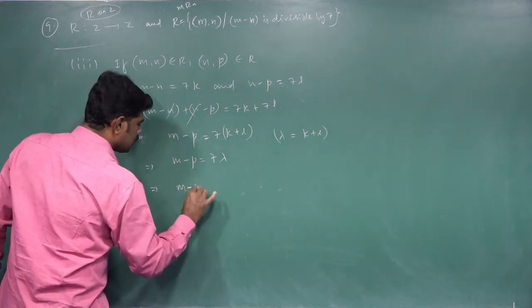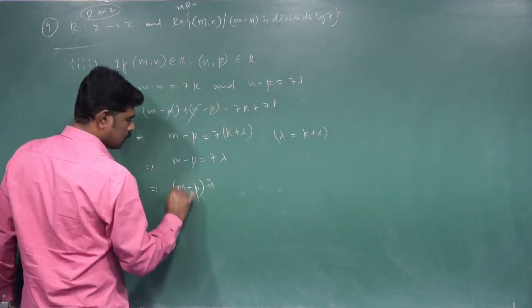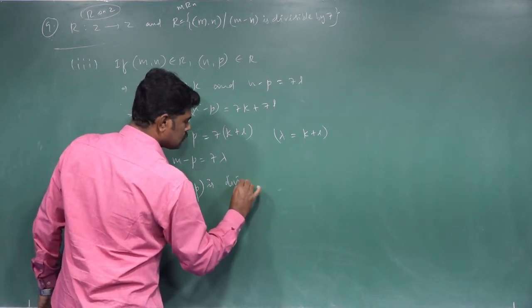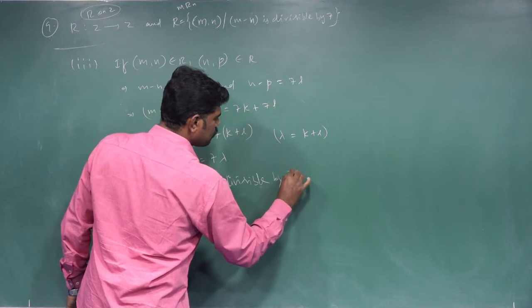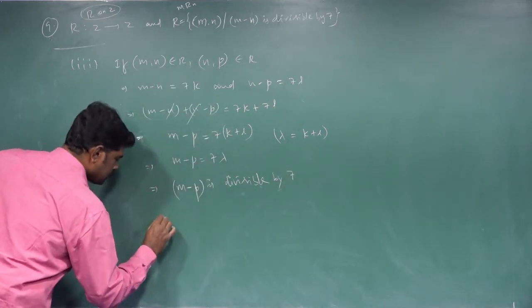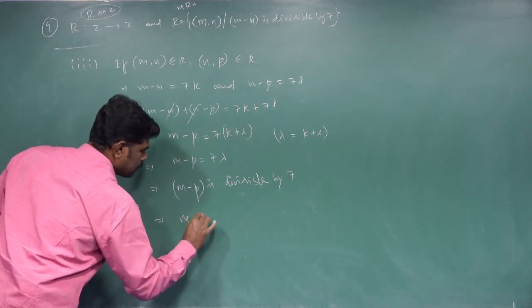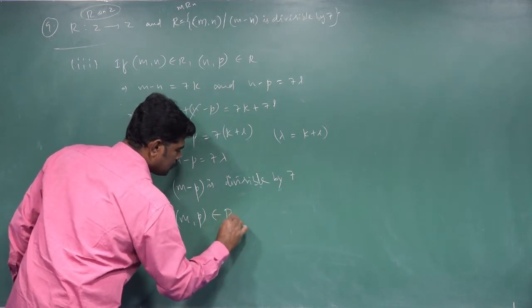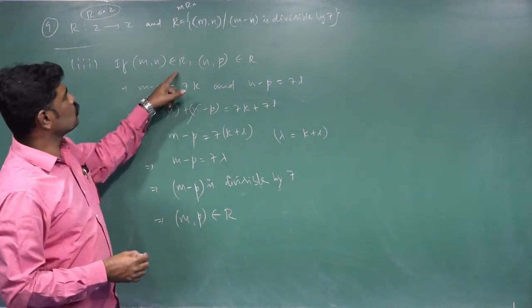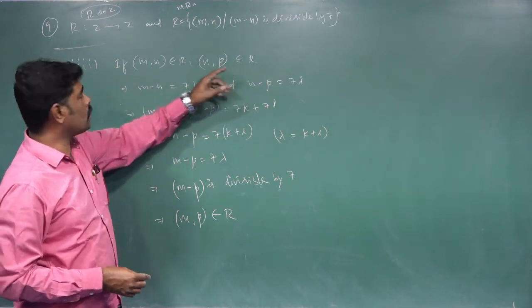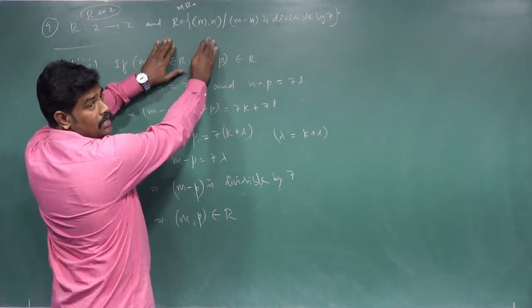Which implies M minus P is divisible by 7. This implies M comma P also belongs to R. Now see here, M comma N belongs to R, N comma P belongs to R. Now the value N we can remove.